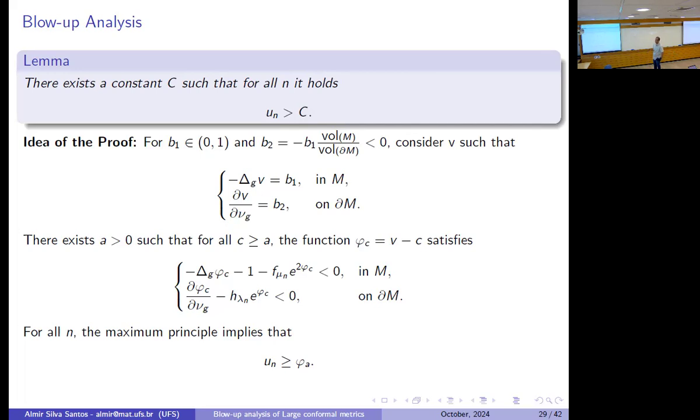So you get this lemma: the family of solutions is bounded from below. This implies that the sup of un on this ball, if it's a blow-up point, goes to infinity.